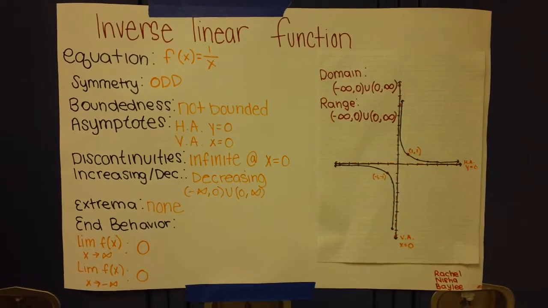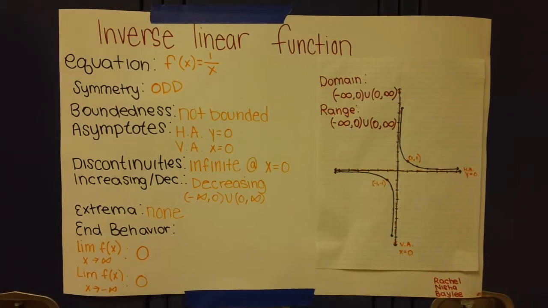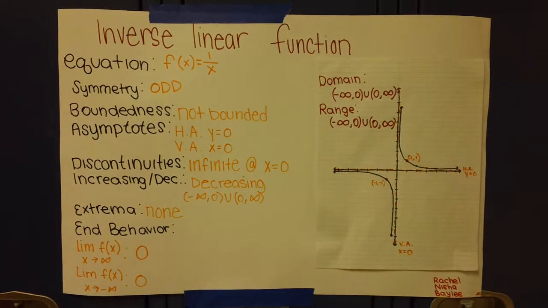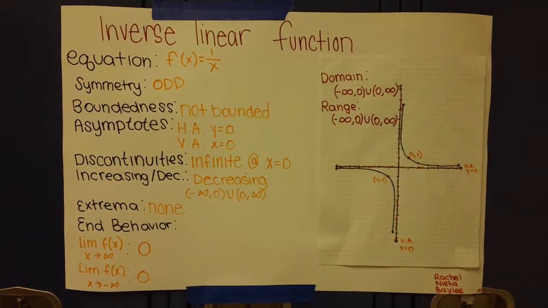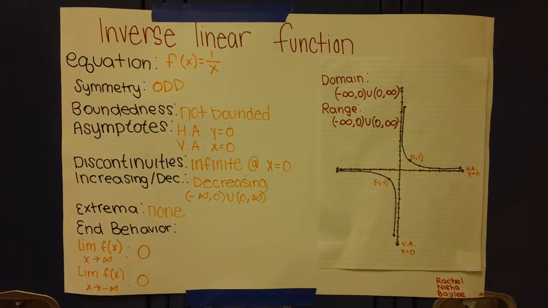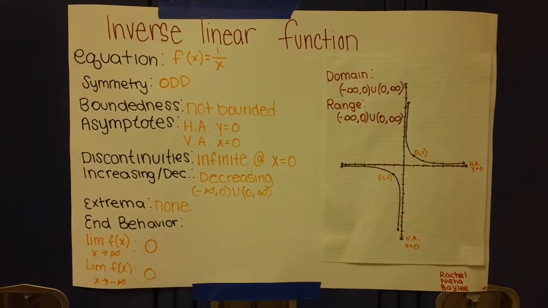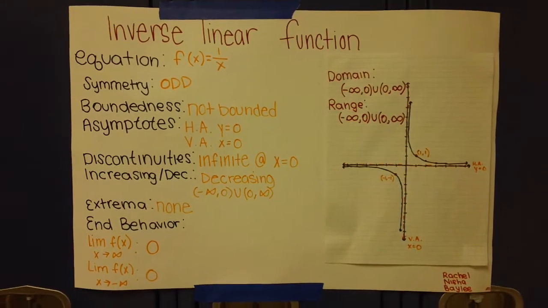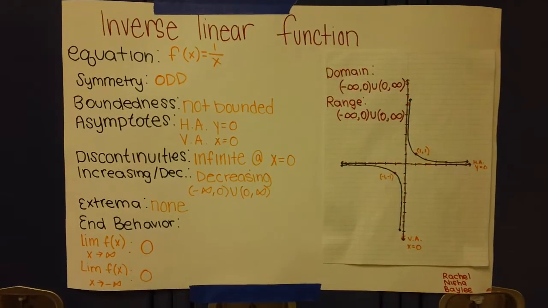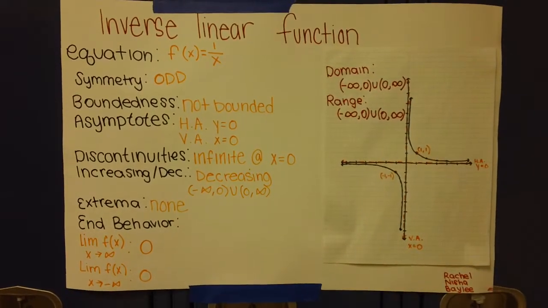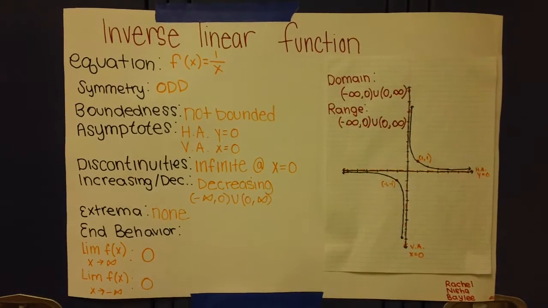Oh, so we have the inverse linear function, and it's f of x equals 1 over x, and it has odd symmetry because it doesn't flip over the y-axis or anything, and it's not bounded, and it has asymptotes at x equals 0 and y equals 0.